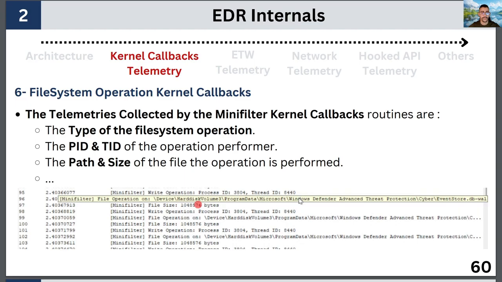This diagram illustrates the execution flow of an object operation event that triggers a kernel callback, leading to EDR telemetry collection. A process, malware.exe with PID 1234, attempts to open a handle to another process, LSASS.exe, which is commonly associated with credential theft techniques.